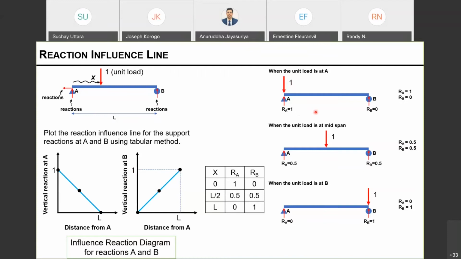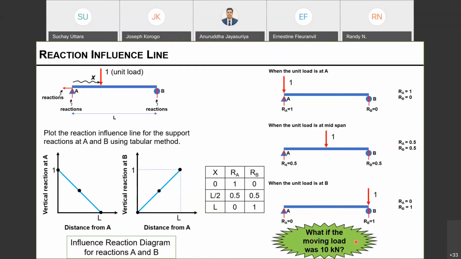So all of them will now be in kilonewtons, multiplied by 10, because we are moving a 10 kilonewton concentrated load from A to B. Therefore, my influence line diagram will only be multiplied along this axis by 10 kilonewtons, or otherwise you can say it will be scaled up by 10 kilonewtons. But essentially the shape of the diagram will be the same, because it's just a matter of scaling up by a constant. So this is what I said.